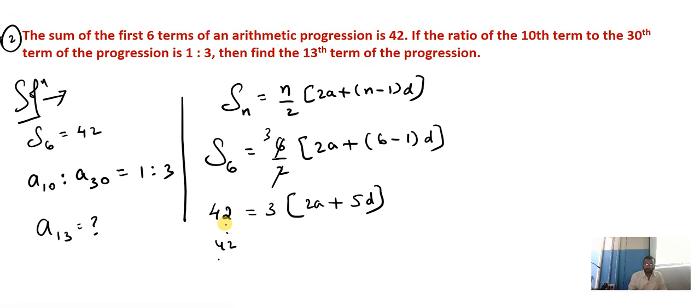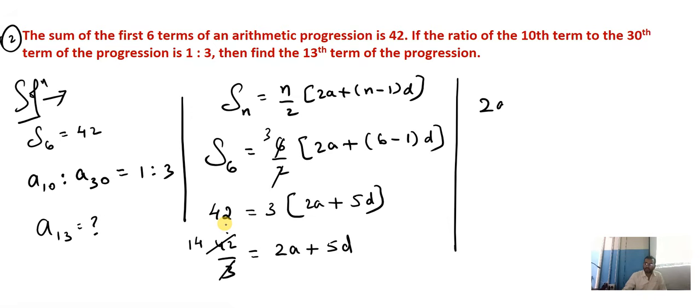Now 42 divided by 3: cross multiply 3, 42 by 3 is 14. Now we can write 2a plus 5d is equal to 14. This is my equation 1.